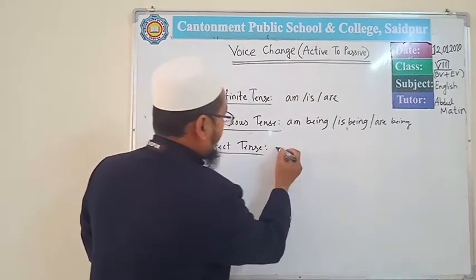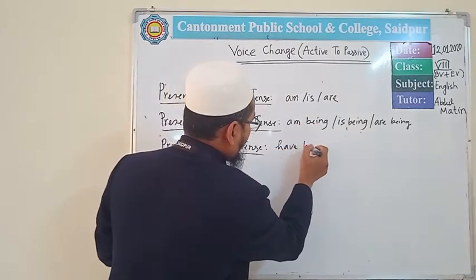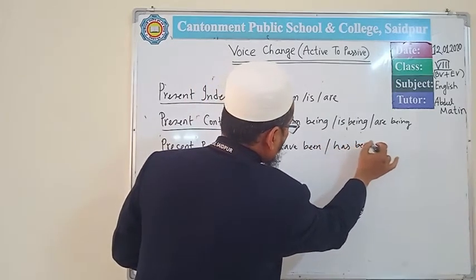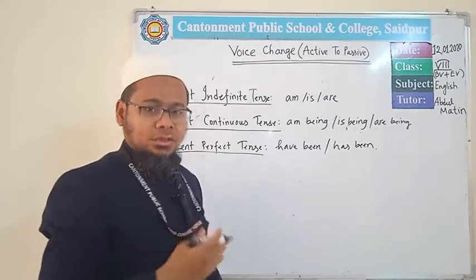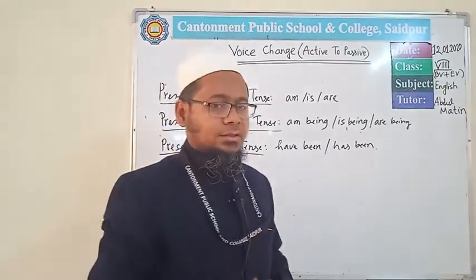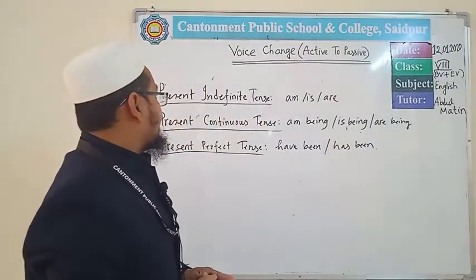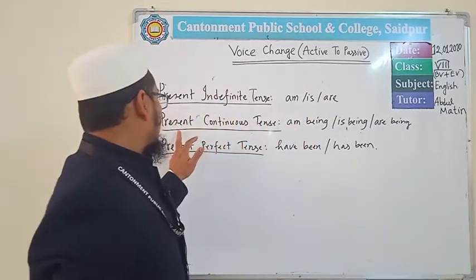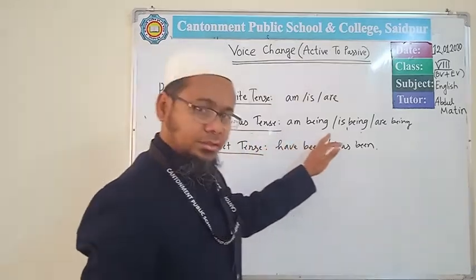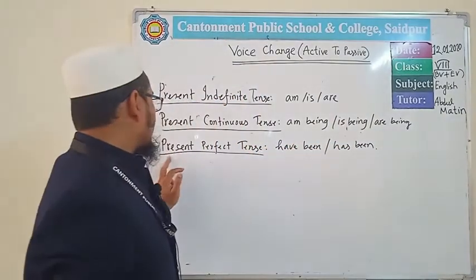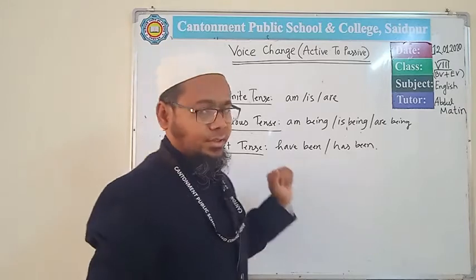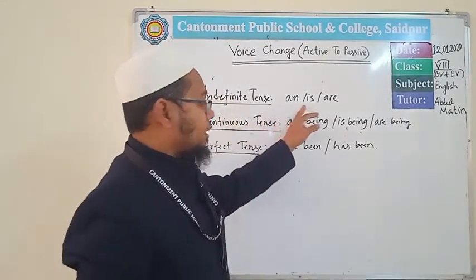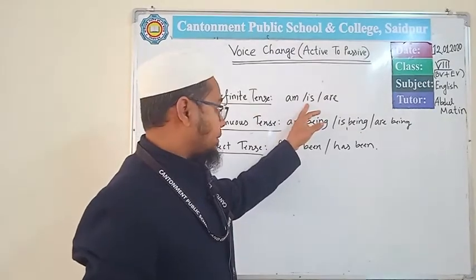And here will be have been or has been. So these are the auxiliary verbs of present tenses. First, present indefinite tense, am, is, are. Second, present continuous tense, am being, is being, are being. Then present perfect tense, have been, has been. I have shown already the use of present indefinite tense, that is the use of am, is, are.